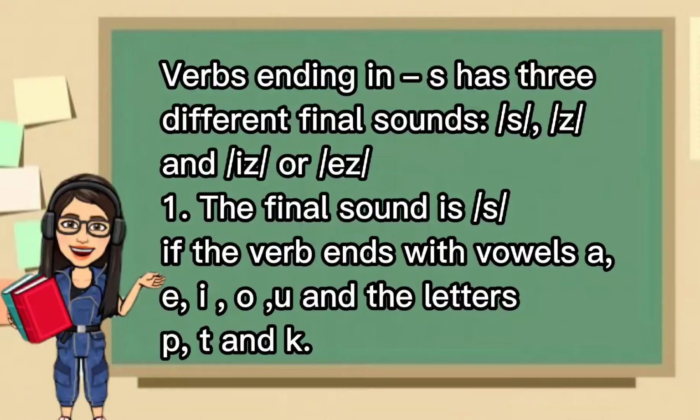Verbs ending in s has 3 different final sounds: s, z, and iz. The final sound is s if the verb ends with the letters p, t, and k.